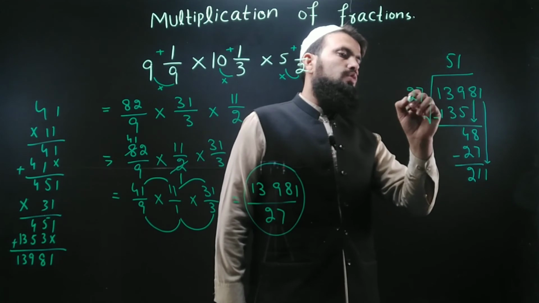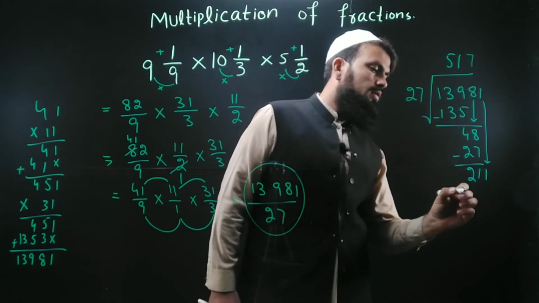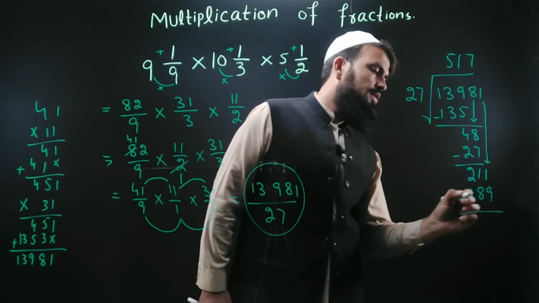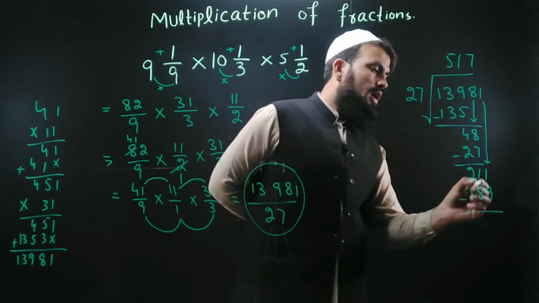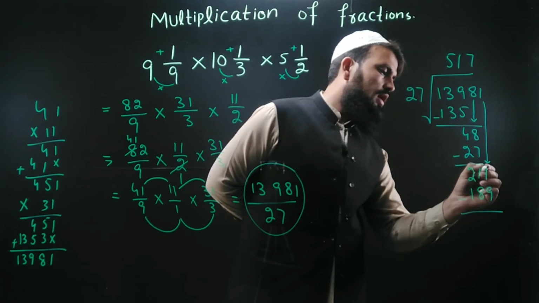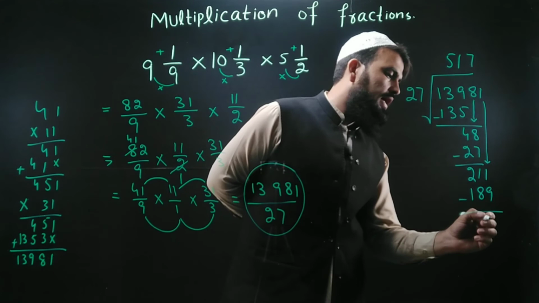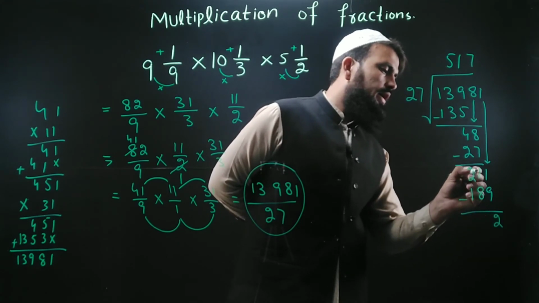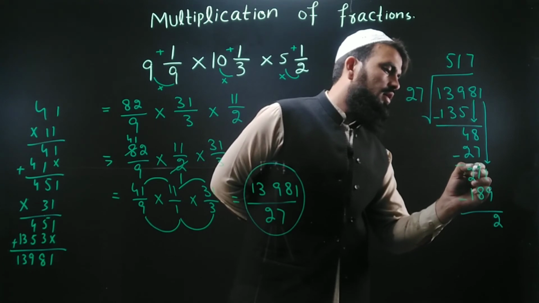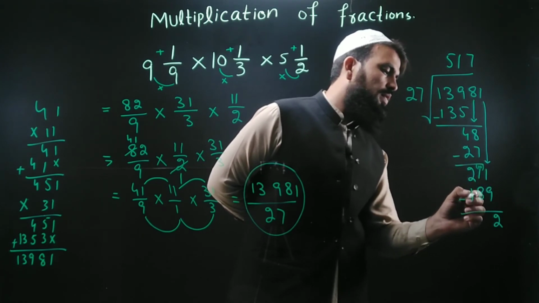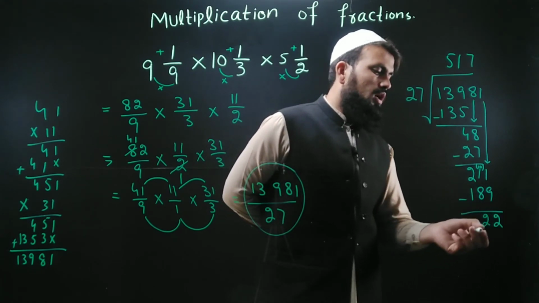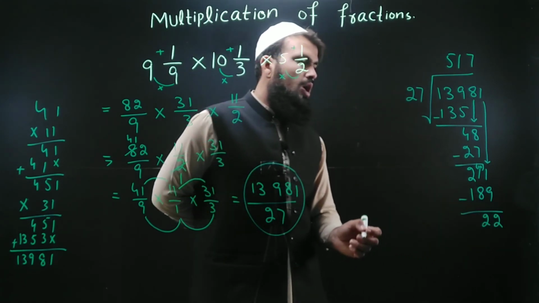So friends, 27 multiplied by 7, now the answer is 189. Again subtraction: this is 1 and 1 is here. 11 minus 9 is 2, and here remaining 0, 1 carrying here 10. 8 subtracted from 10 is 2, so there is 22.